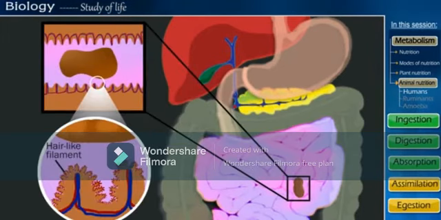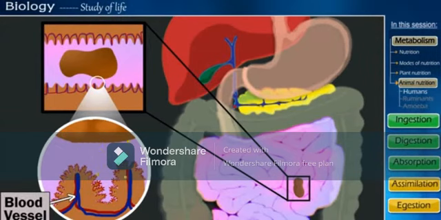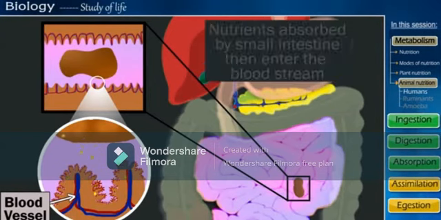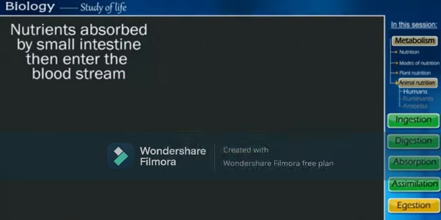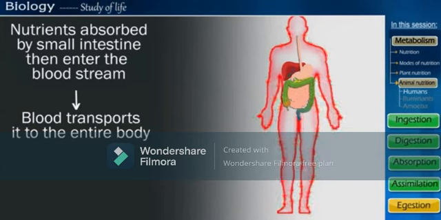The villi are hair-like filaments, and these help in digestion and also absorption. The blood carries the nutrients away from the small intestine through the hepatic portal vein to the liver for filtering. So nutrients absorbed by the small intestine enter the bloodstream, and the blood transports them to the entire body.